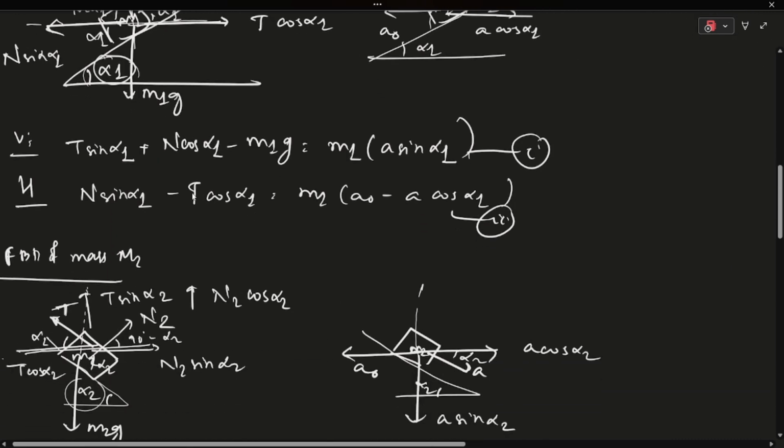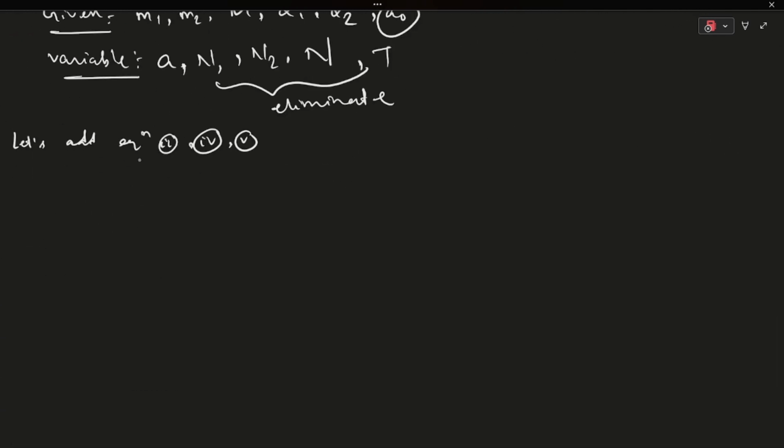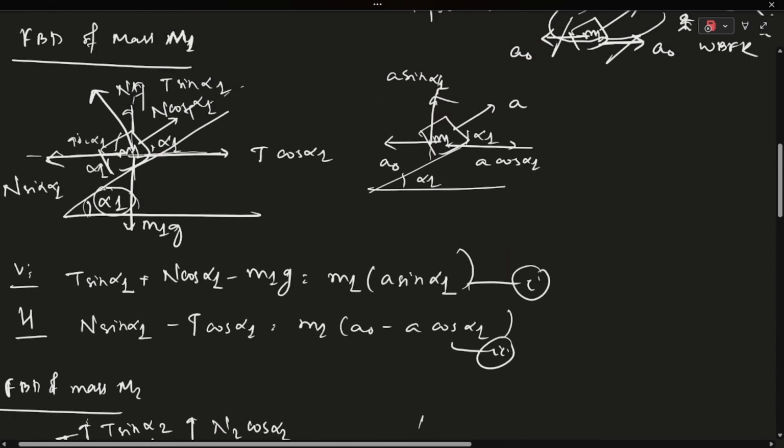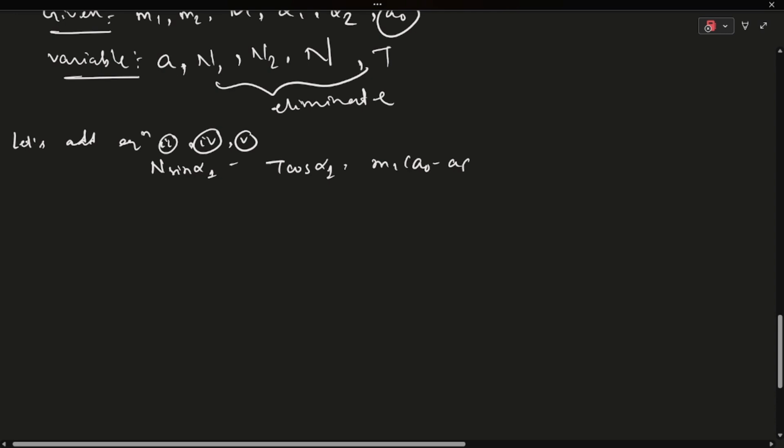Equation 2 is N1 sin alpha 1 minus T cos alpha 1, which equals m1 (a naught minus a cos alpha 1).